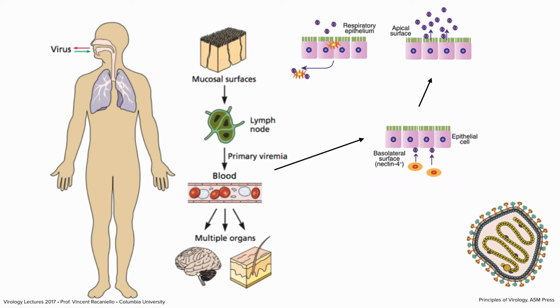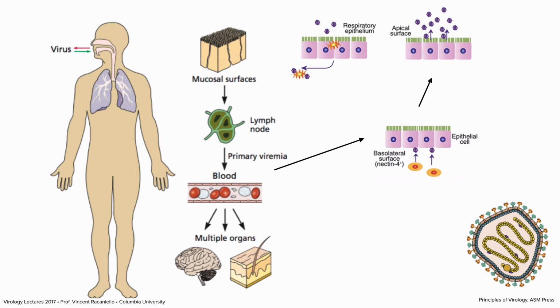These immune cells go in, they go to the lymph nodes, the virus replicates in lymphoid cells very well, and then the virus goes into the blood and you get the primary viremia. From the blood, the virus goes to secondary organs. One of them can be the brain, so you can have serious brain infections caused by measles virus. And of course, it goes to the skin, where you get the typical rash presented of measles.